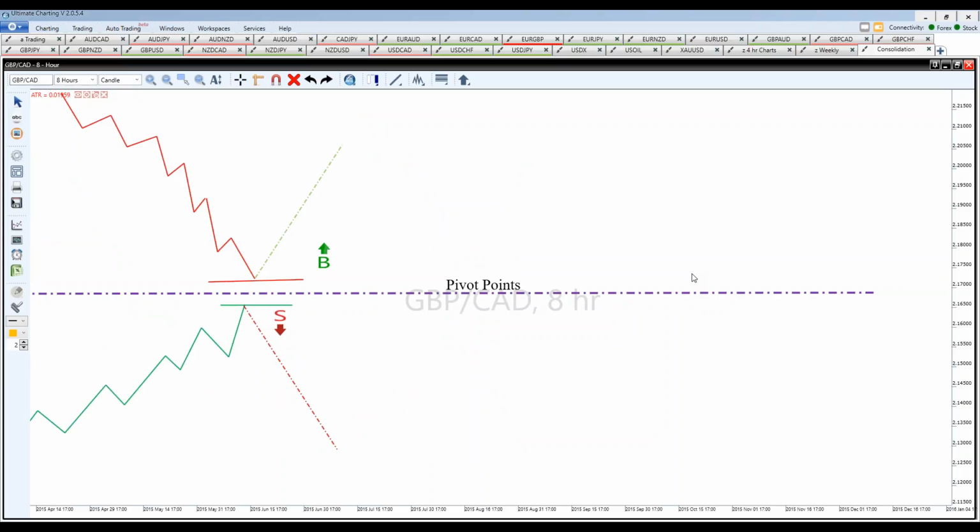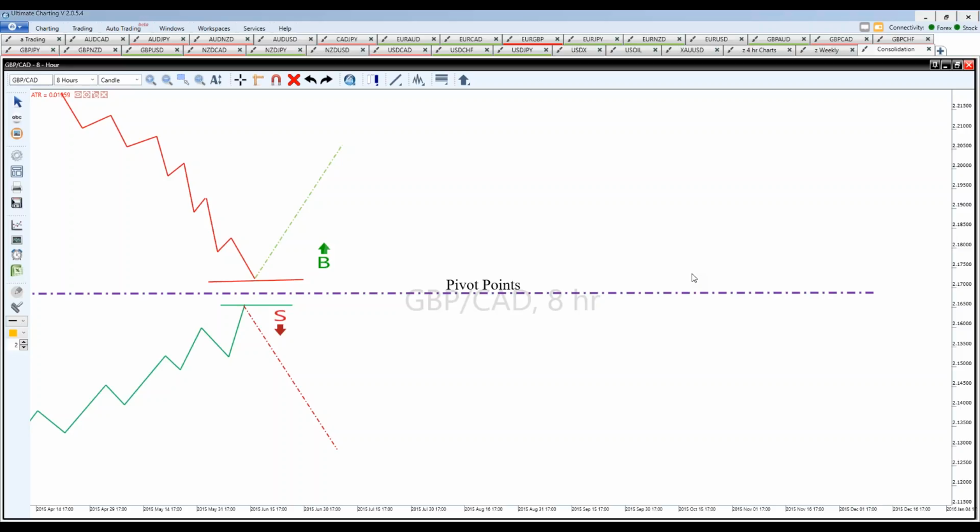So it is called a pivot point, but it's an area, because resistance and support are areas where the market has found, historically, both resistance and support at or near that level.